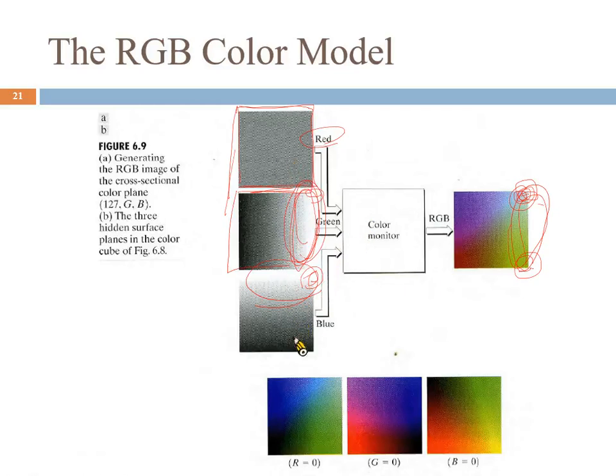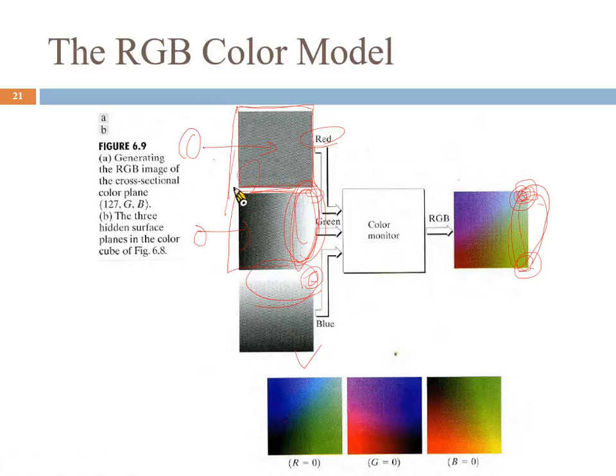And if we specify R equal to 0, for example all 0, then we get a color plane like this. If we specify green to 0, then we get a color plane like this. So can you imagine why?